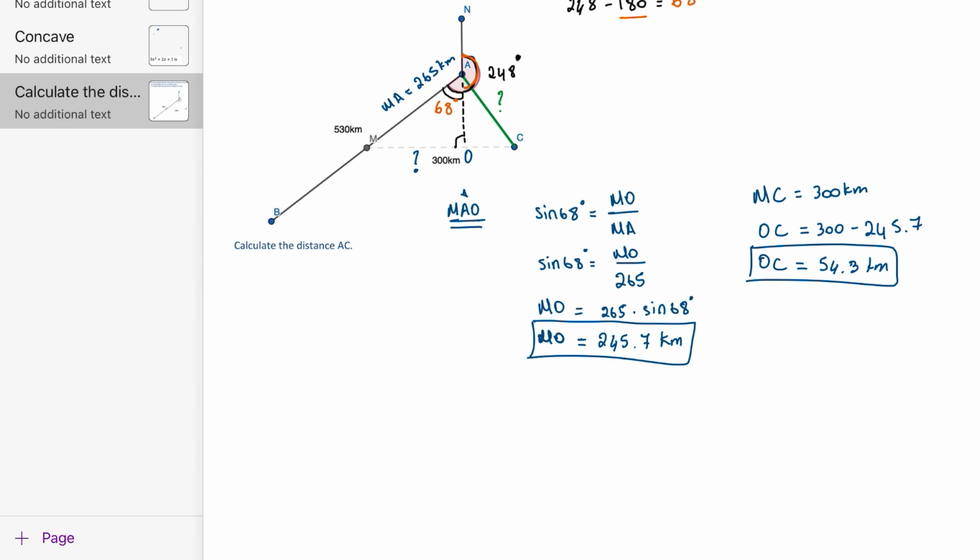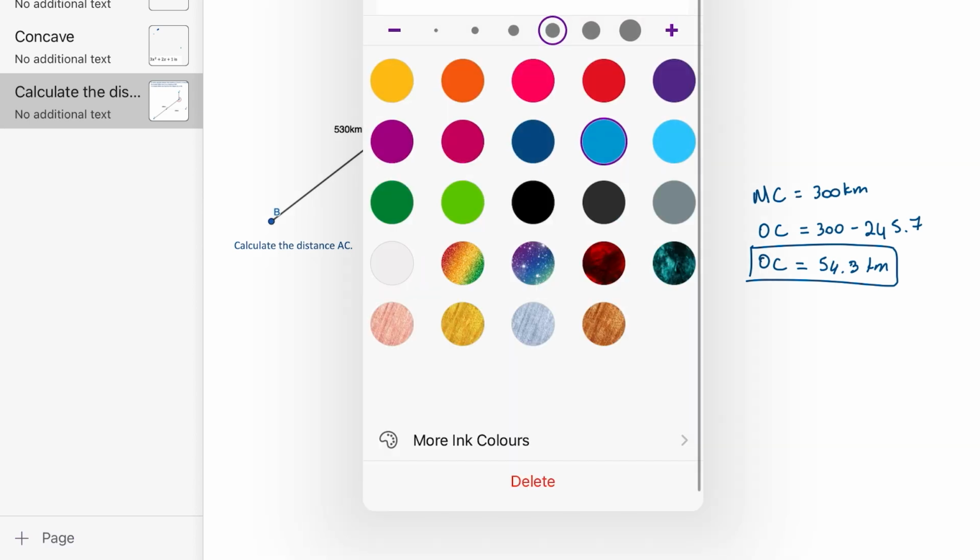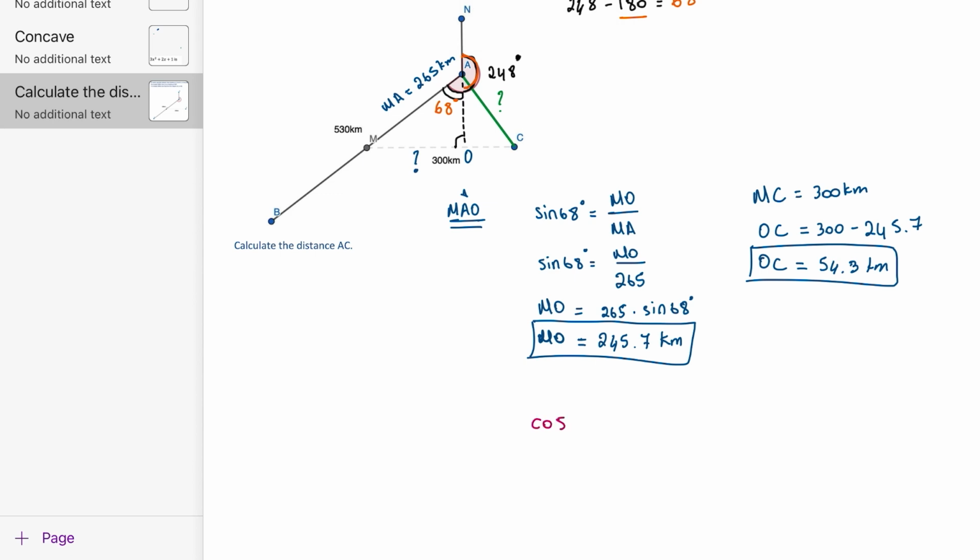the distance AC. Now, there are two ways of finding AO. You can either use the Pythagorean theorem or you can use the trigonometric ratios. I will use the trigonometric ratio cosine in this case. So cos of 68 degrees, cosine is adjacent over hypotenuse. I'm trying to find the adjacent, which is AO, and the hypotenuse is MA, which is 265 kilometers.